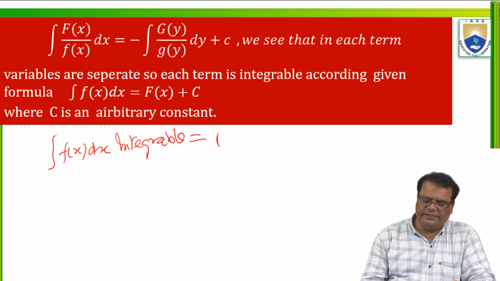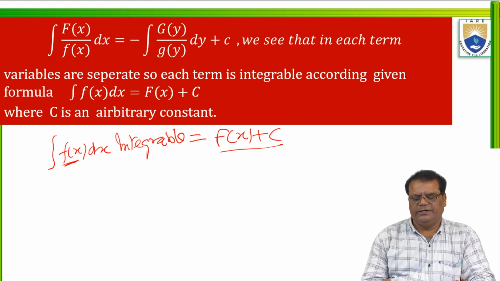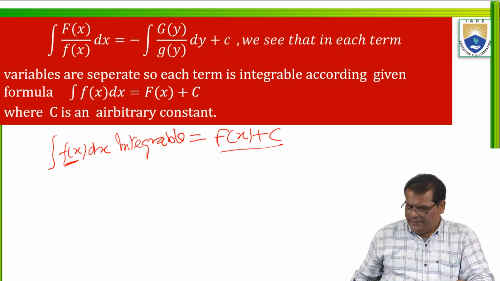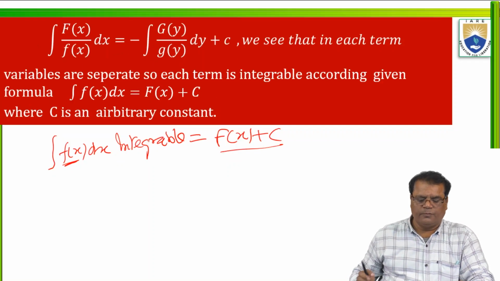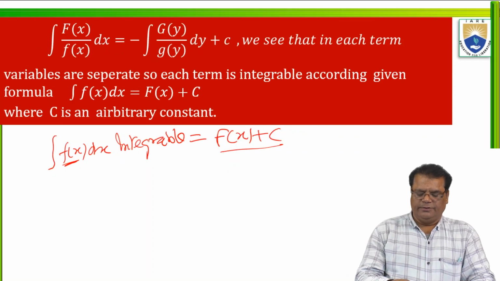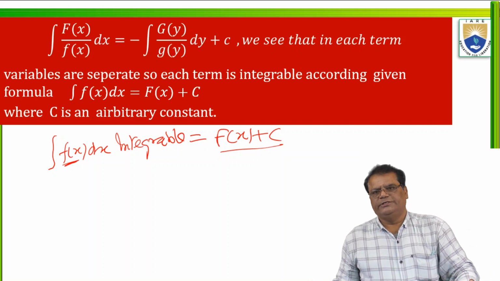The integral of small f(x) is capital F(x) plus c, some arbitrary constant. So this is the integration. So we can integrate this function, and we can solve this equation.